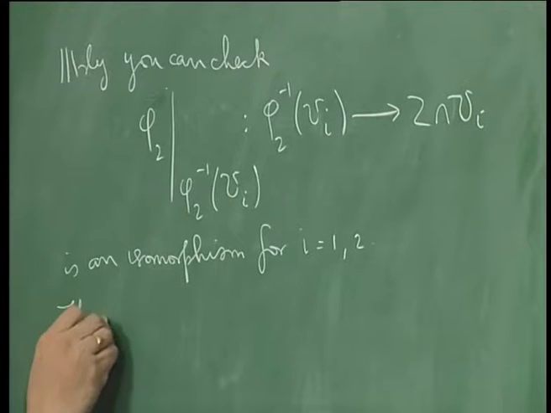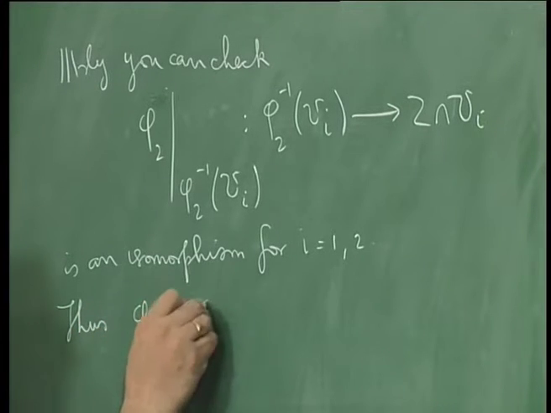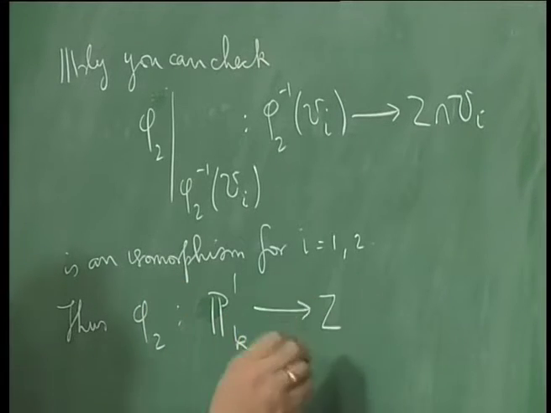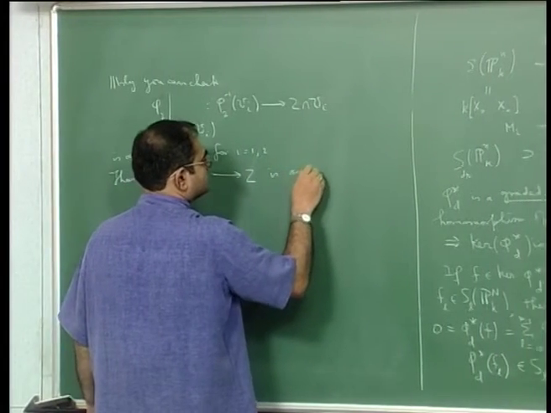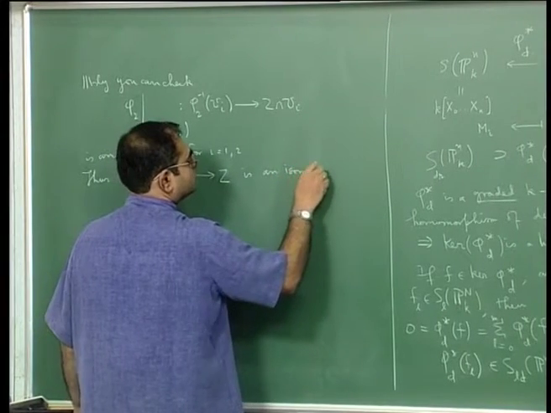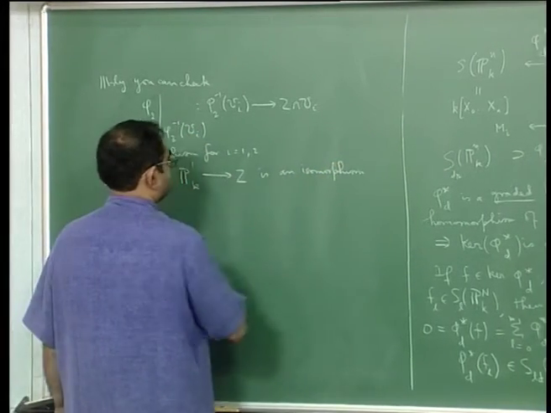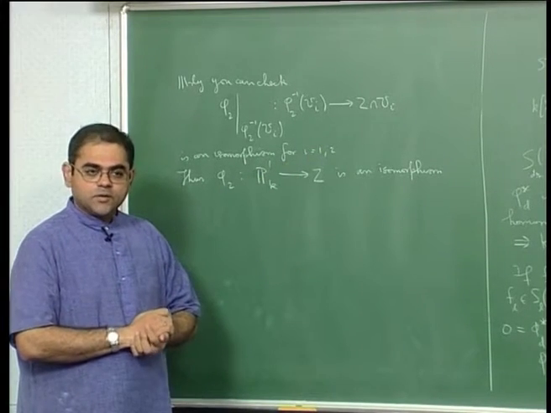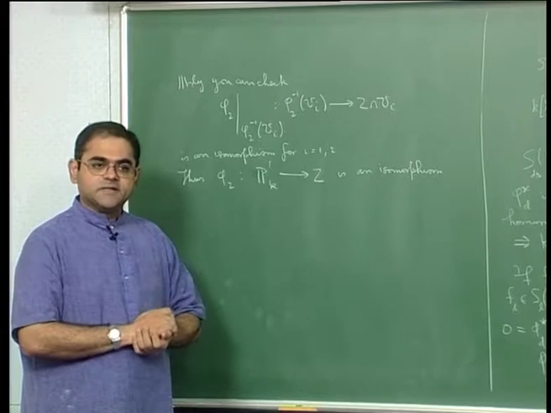Thus phi2 from P1 to Z is an isomorphism, because Z is the union of Z intersection U0, Z intersection U1 and Z intersection U2.